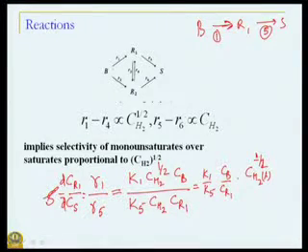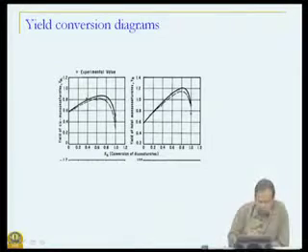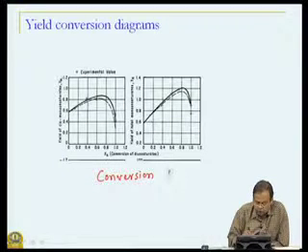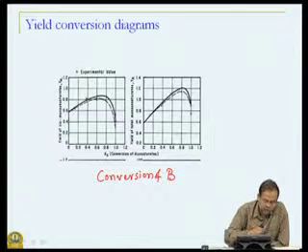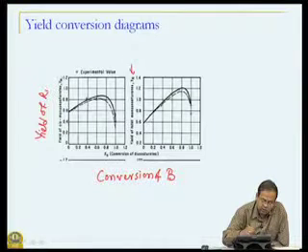So, let us look at when you actually do batch experiments, how these results look in the domain of the yield conversion diagram. What we are looking at here is the conversion of monounsaturates, conversion of B, versus yield of R1, and this is the yield of R1 plus R2 put together.